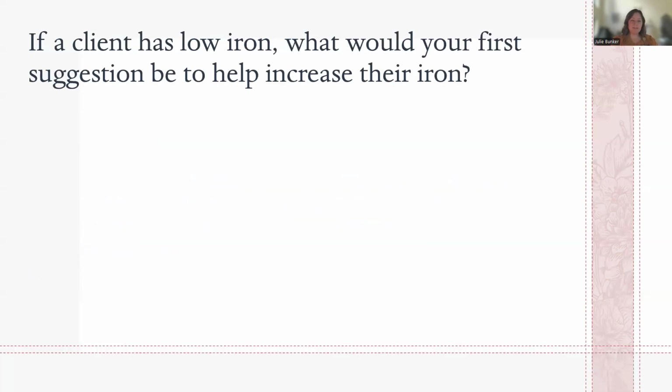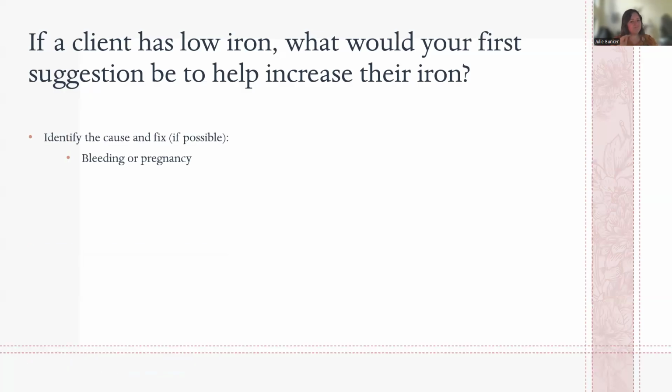Okay. Another thing to think about, same idea with what we talked about in the practice question. If a client has low iron, what would your first suggestion be to increase their iron? Now you're thinking back to your nutrition course. What's the very first thing that we do? Somebody has low iron. We need to identify the cause and try to fix it.